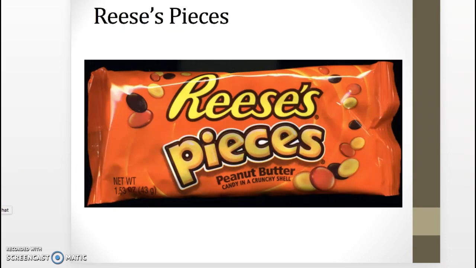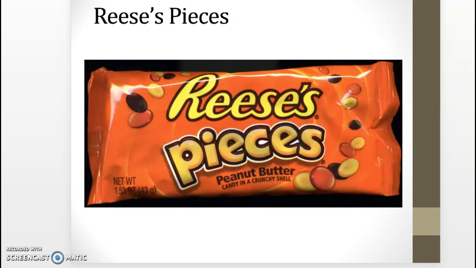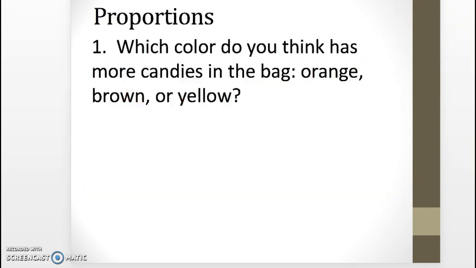So what we're going to do is transition our example from the p-hat calculations to an example involving Reese's Pieces. Now, if we were sitting in a seated section, we would do some activities with actually looking at some Reese's Pieces. We're going to do a little bit of background information and then look at another applet that provides a simulation for us.